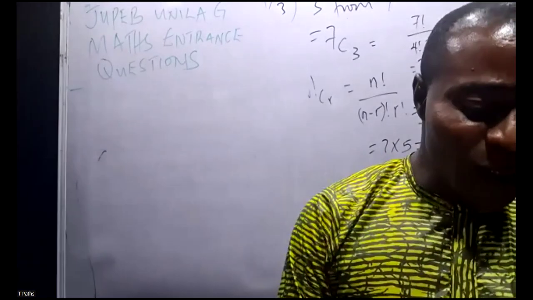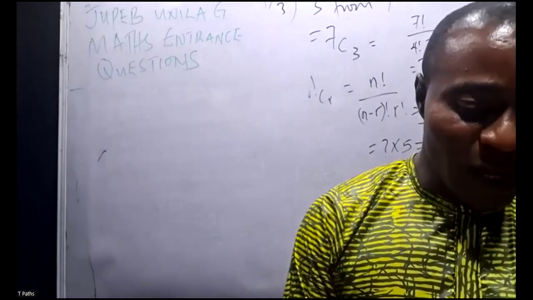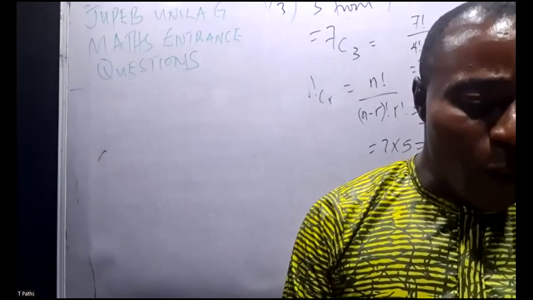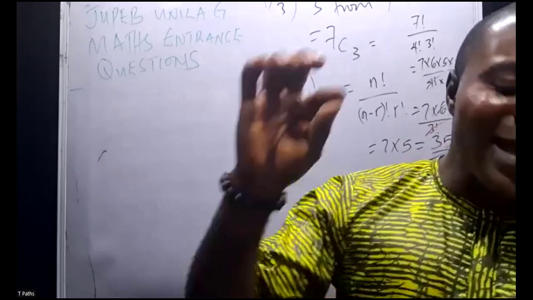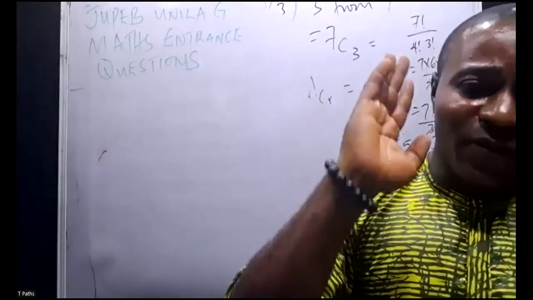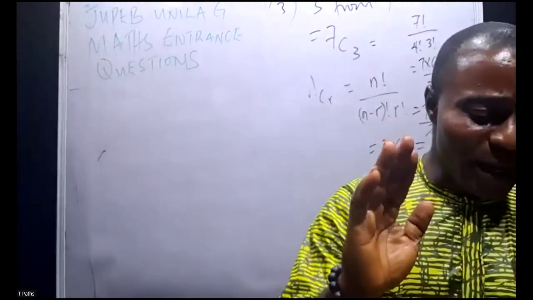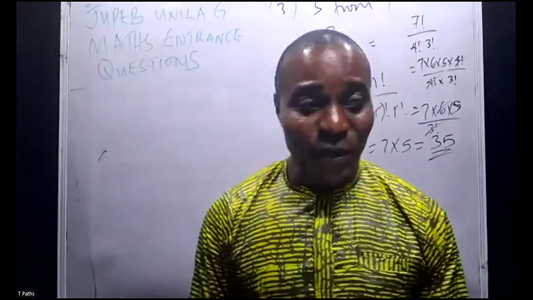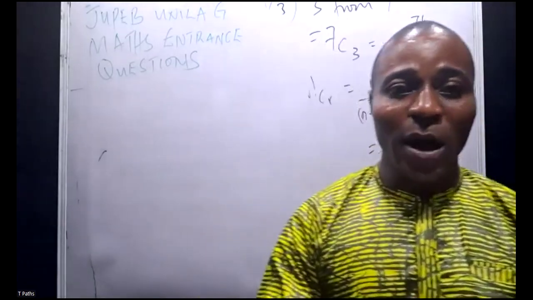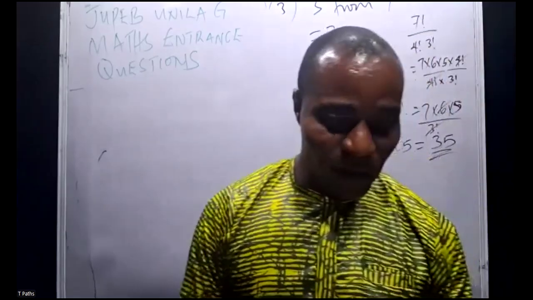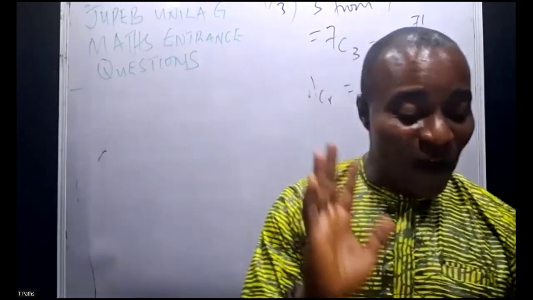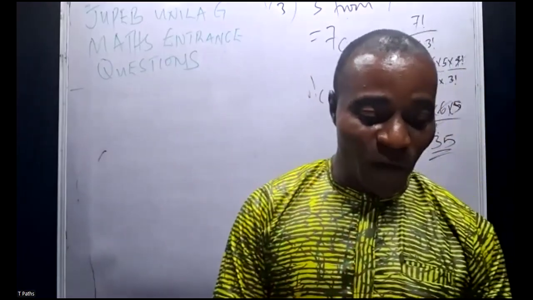5 people are to be arranged in a row for a photograph.